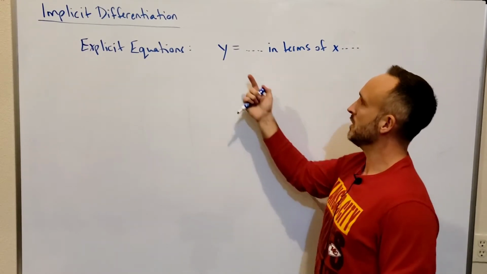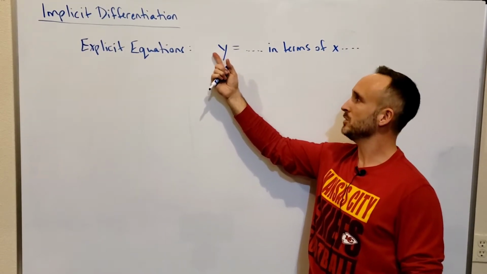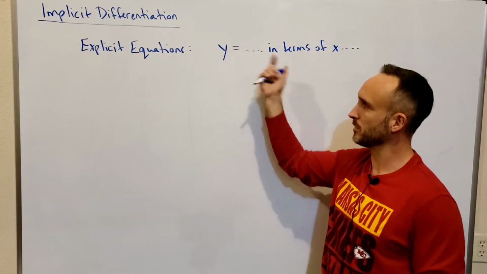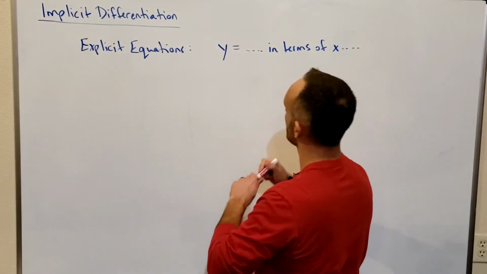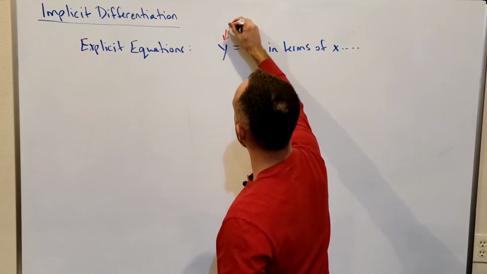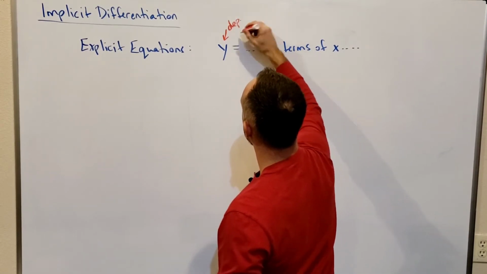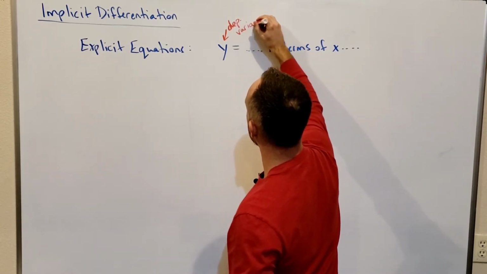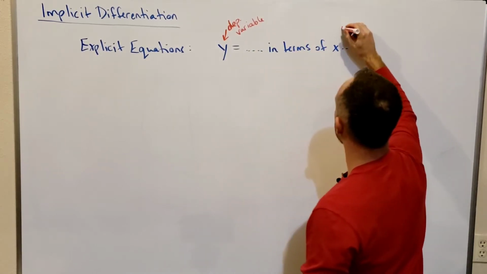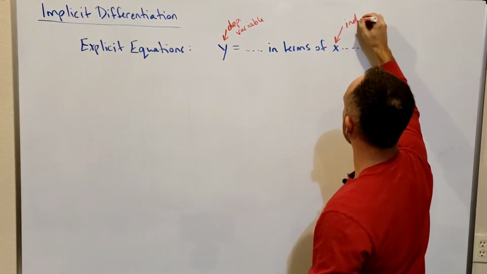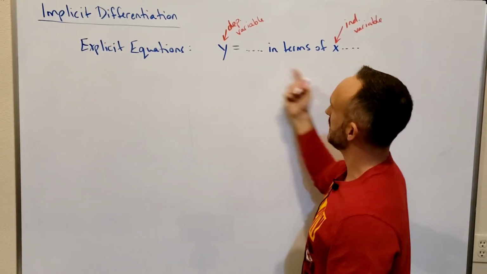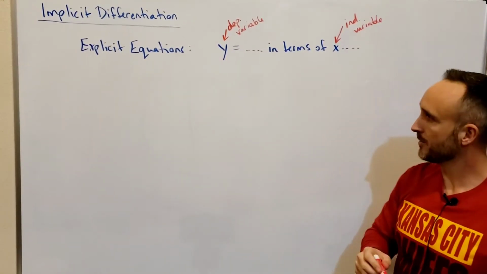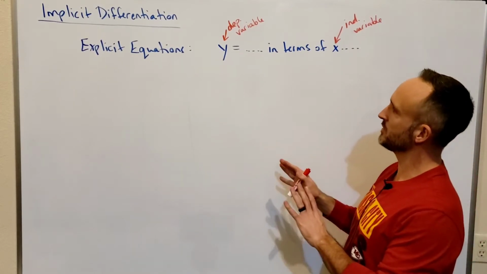So if you want to calculate a y value, you can plug in an x value, and this formula will spit out y values very easily. Again, y here is called the dependent variable because it depends on the value of x, and x is the independent variable because the choice of x dictates the behavior of y. Okay? So that's what explicit equations look like.